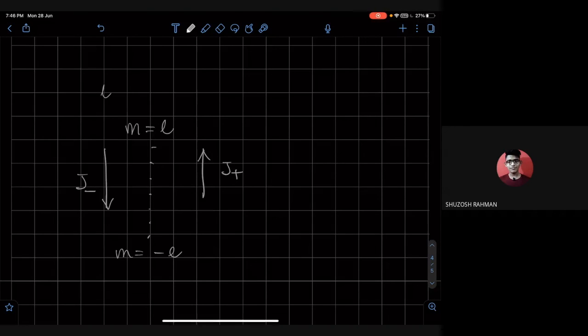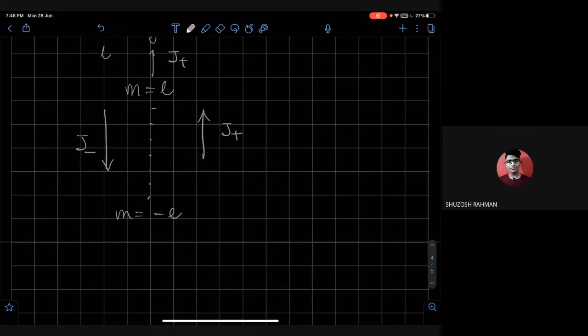So if you apply j plus again at the top, you get 0. And if you apply j minus at the bottom, you get 0. So this ladder has 2L plus 1 rungs.